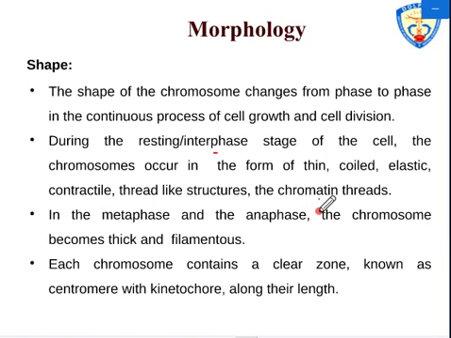These thread-like structures condense further at the time of cell division. Therefore, at the metaphase and anaphase, the chromosomes are thick and filamentous. Now each chromosome contains a clear zone known as centromere with a kinetochore along their length.